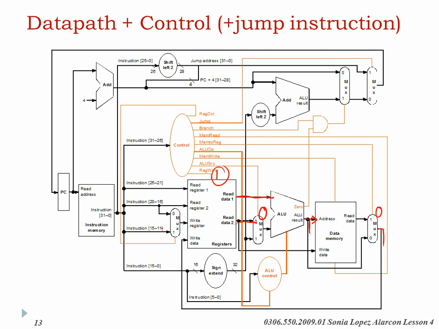Okay, once the data out of the ALU gets to this multiplexer here, we are writing this coming here, and we have to write it in RD, which is the last register. So that means that this control signal is going to be a 1. That is the register destination signal.